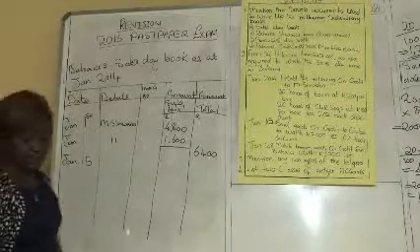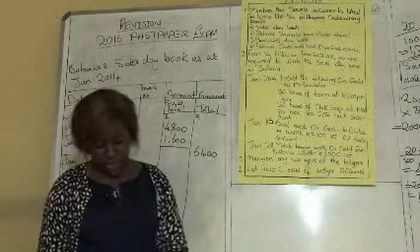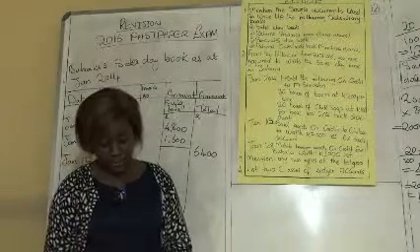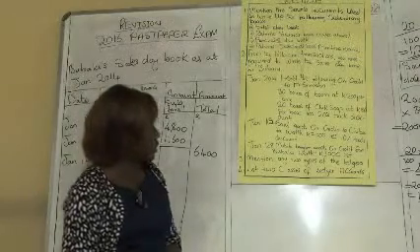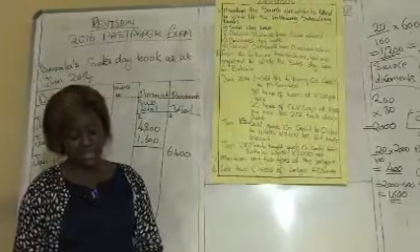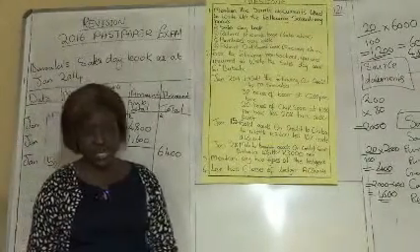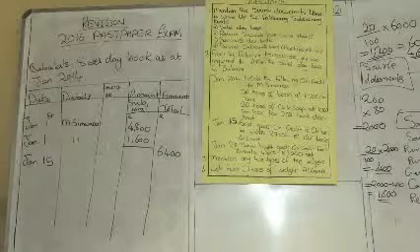The 15th of January reads: sold goods on credit to Chabala worth 7,000 less 10% trade discount. So again, there's a discount taking place.